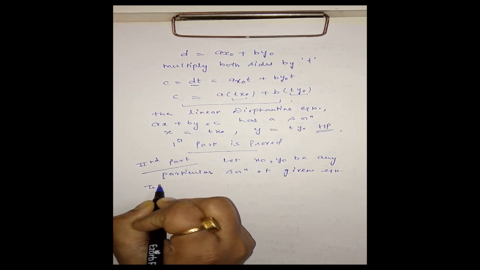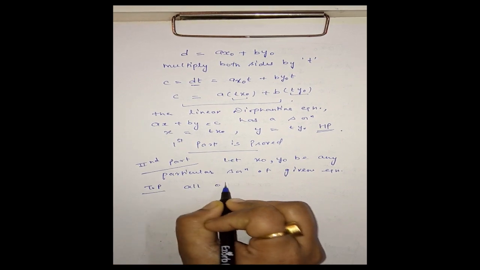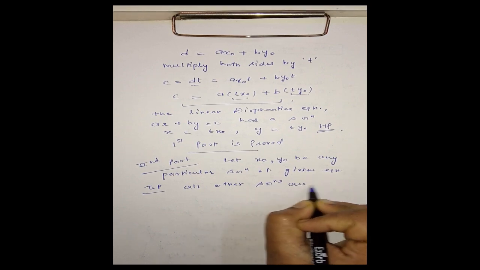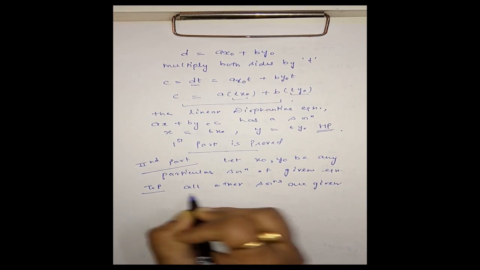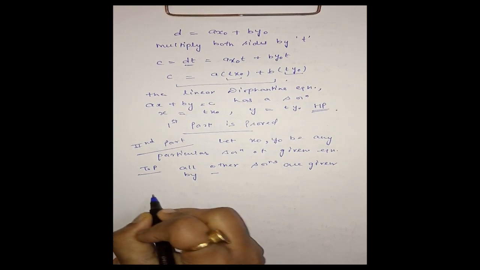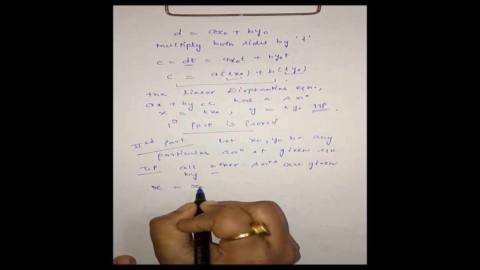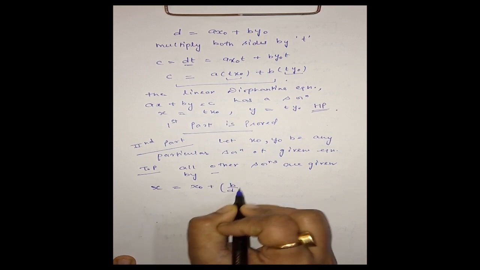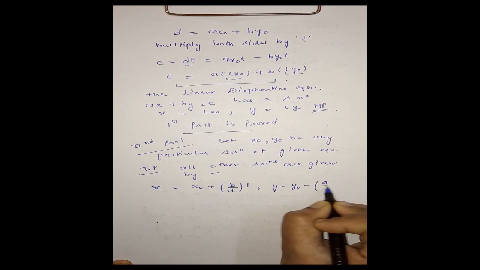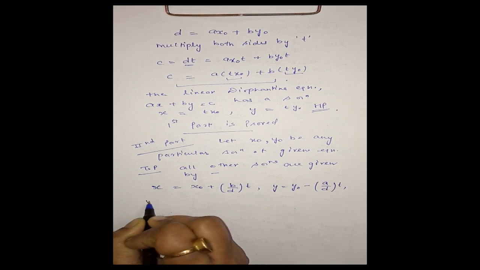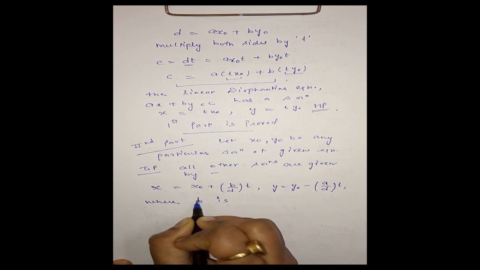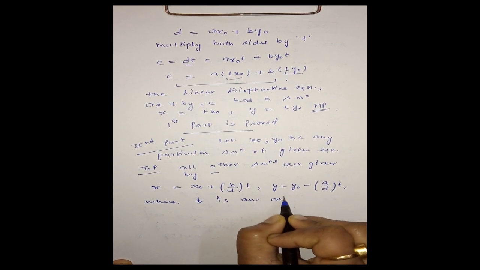Now we are going to prove all other solutions are given by x is equal to x naught plus b by d into t, and y is equal to y naught minus a by d into t, where t is an arbitrary integer.